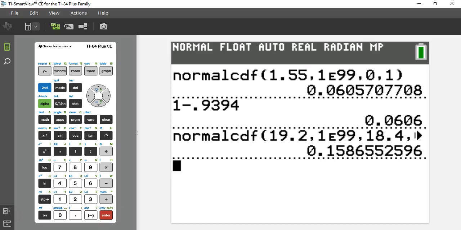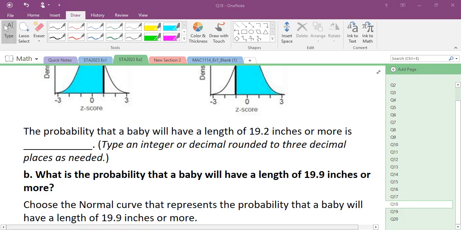It says round to 3 decimal places. So what do we get? 0.159 is perfect.